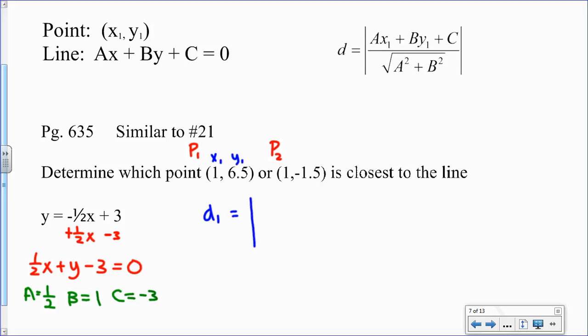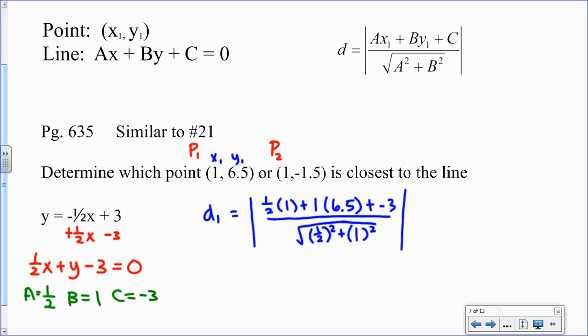So it's the absolute value of A times x1, so 1/2 times 1, plus B times y1, so 1 times 6.5, plus C, so plus -3, divided by the square root of A squared plus B squared. Calculate numerator and denominator separately.